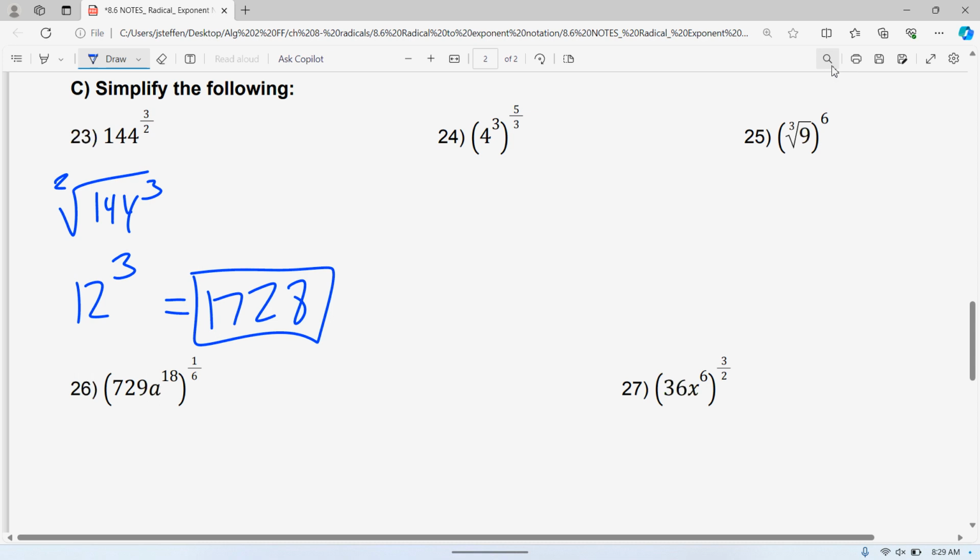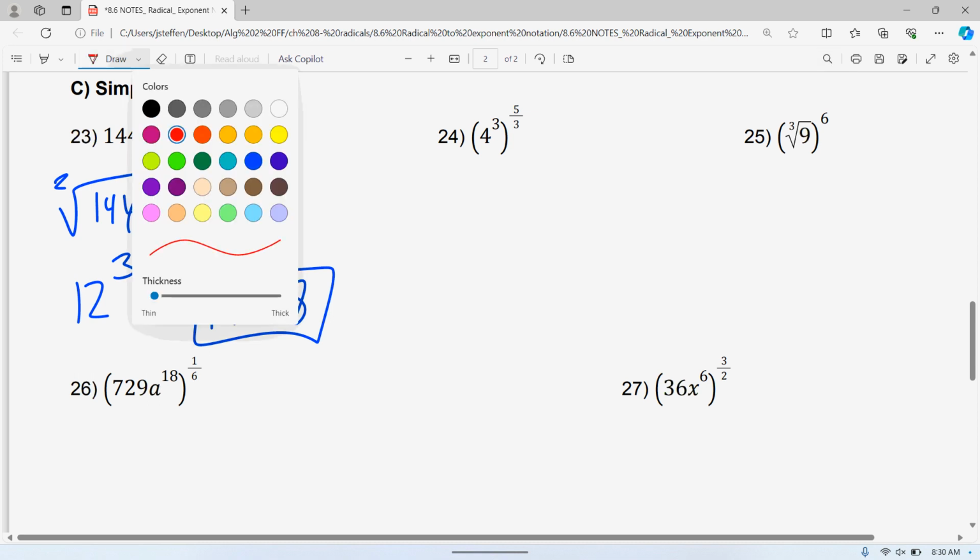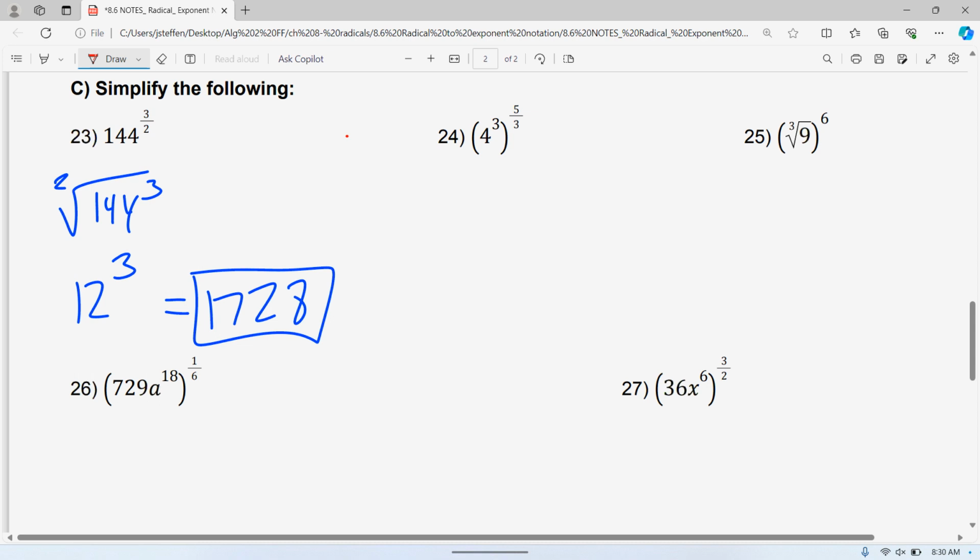If you're somebody that's wondering, okay, well, how do I do the square root? The good news is, especially with the calculator, you don't have to do that one first. You could do 144 to the 3rd, and that's just going to be a lot bigger number, 2,985,984, and then take the square root of that.